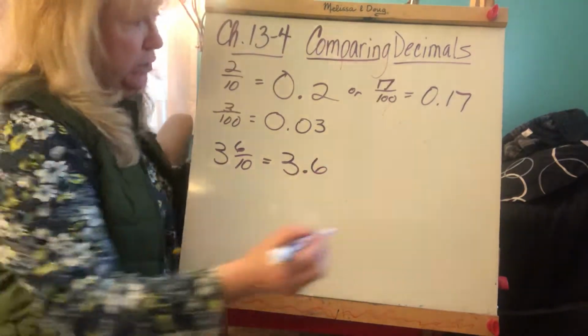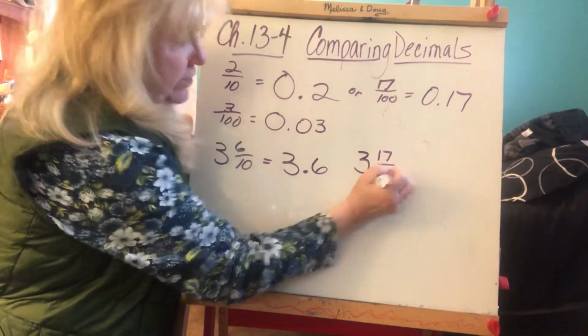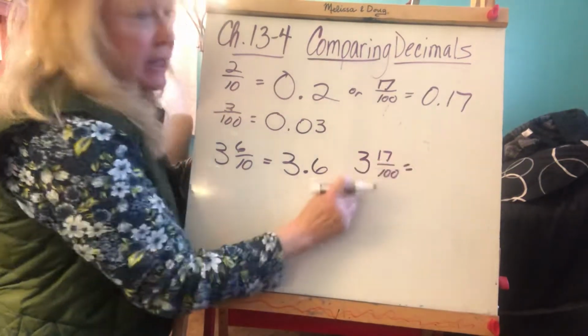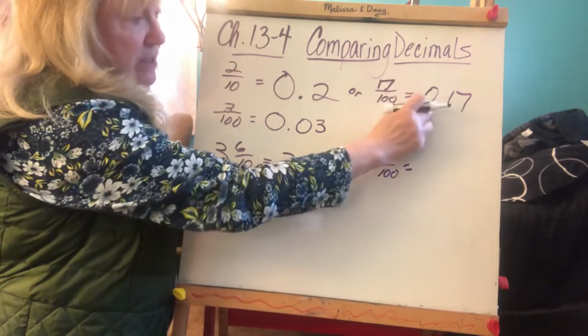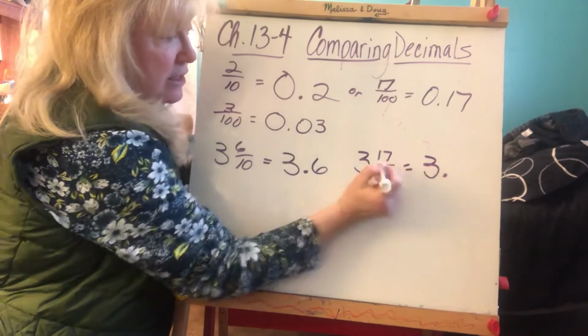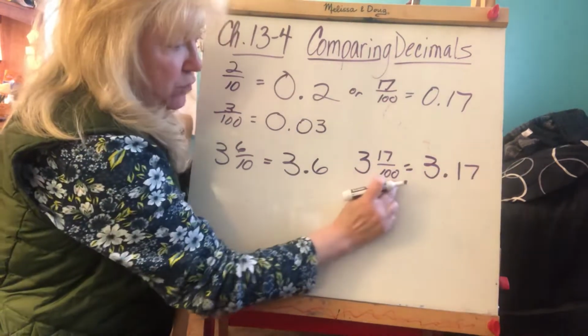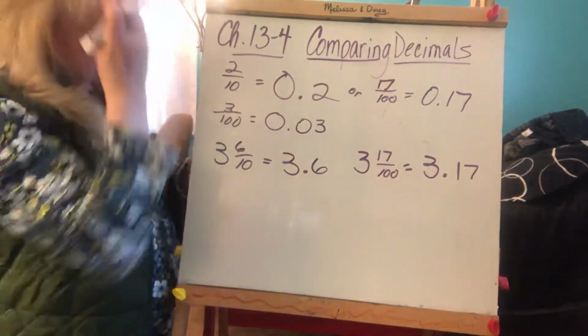By the same token, we could do 3 and 17 hundredths, where this time, instead of having 0, we have 3 wholes, and 17 hundredths. We have to make sure that we have 2 spots all the time.